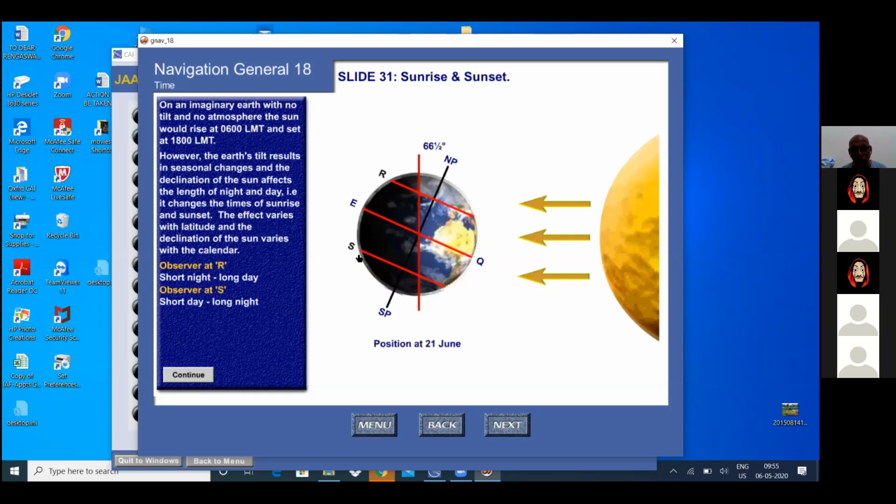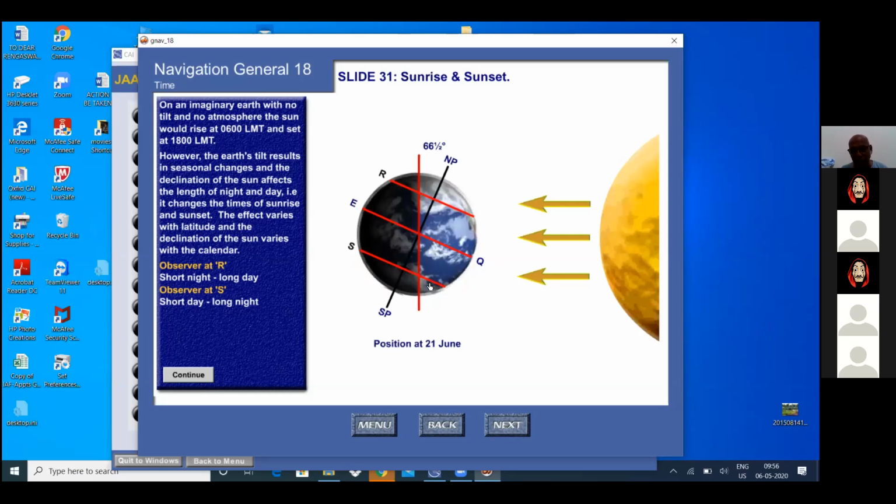Now let's see the observer at S. The observer at S is in the southern latitude. Okay, it is winter for the southern hemisphere. Australia, New Zealand and all, in June they have their winter. So if you have an observer here, you'll notice he has a long night and a very short day.